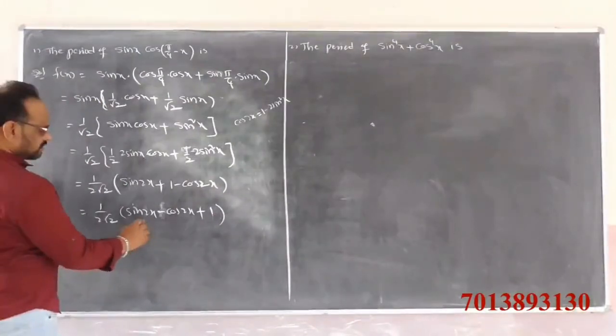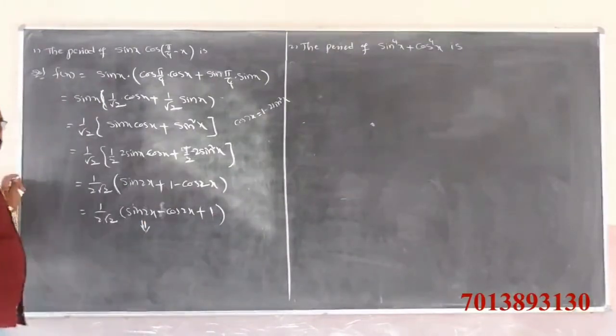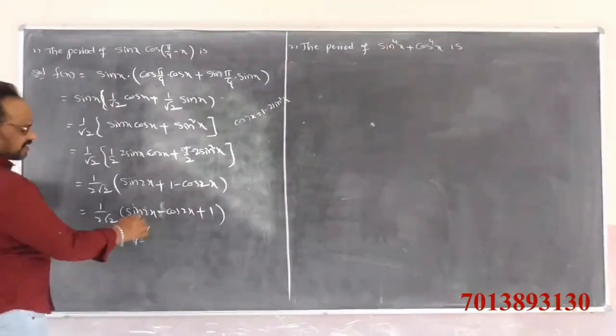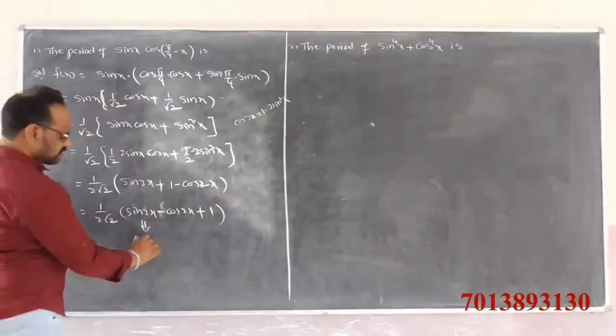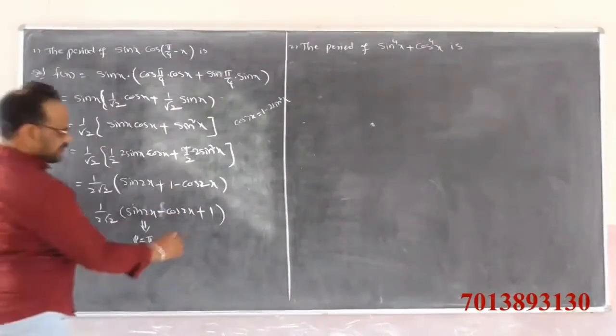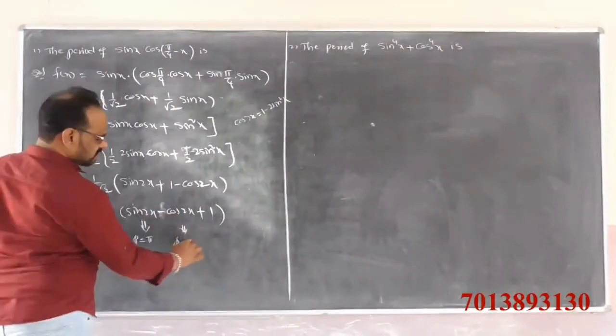The period of sin 2x is clearly 2 pi by 2, that is pi. The period of cos 2x is also pi.